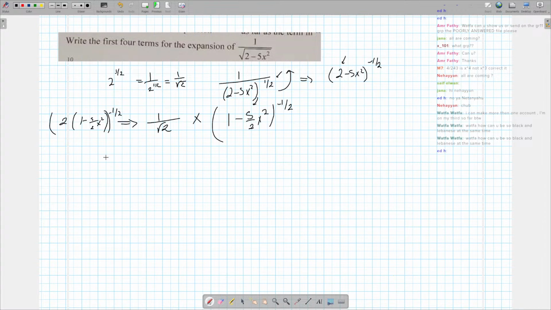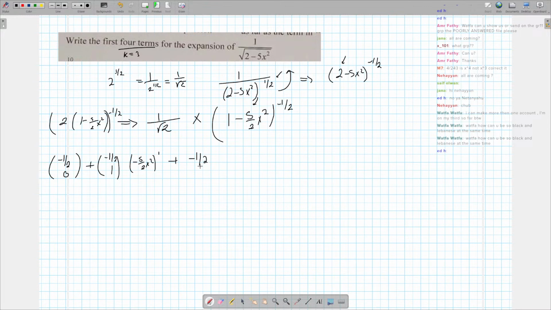Now let's expand this. We're going to start with minus half C0 plus minus half C1, minus 5 over 2 x squared to the power of 1, plus minus half C2. They want the first 4 terms, huh? First 4 terms, meaning up until k equals 3.